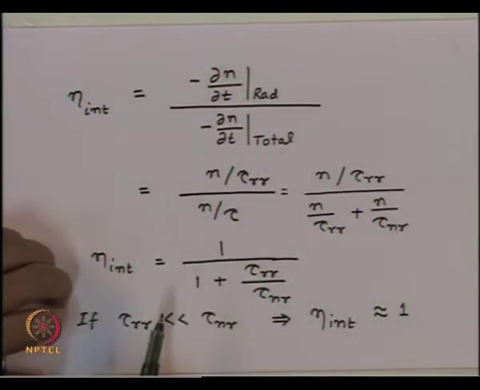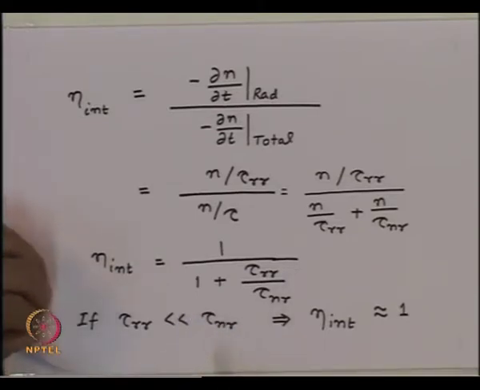So now the non-radiative process does not have a chance to show its effect, because before it starts showing its effect, the electron holes are already recombined and the photon has been emitted. So what we want for good internal quantum efficiency is that the radiative recombination lifetime should be much smaller compared to the non-radiative recombination lifetime.